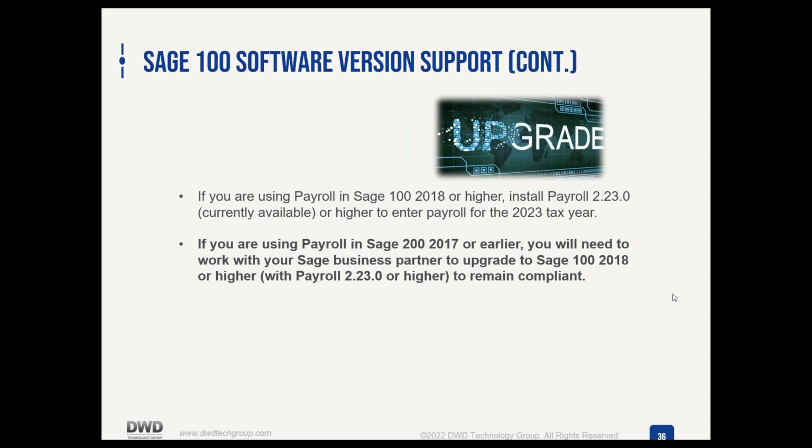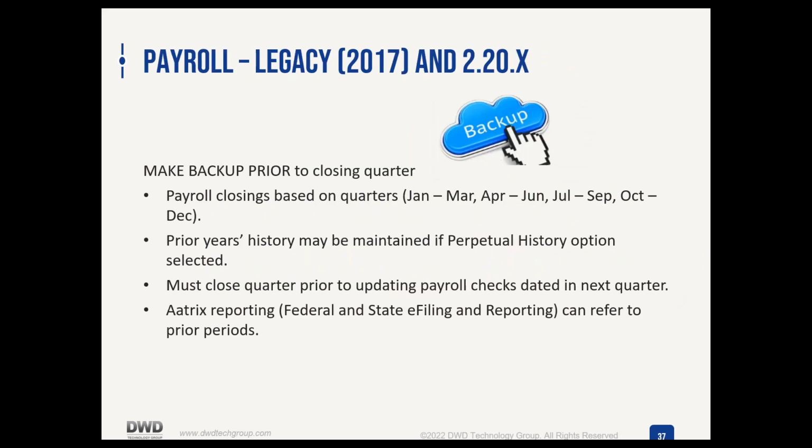If you are still on an older version of Sage, please get with your business partner, or get with us if we are your business partner. Let's get you upgraded. Payroll processing is so much easier now with the new business framework, not to mention staying compliant.